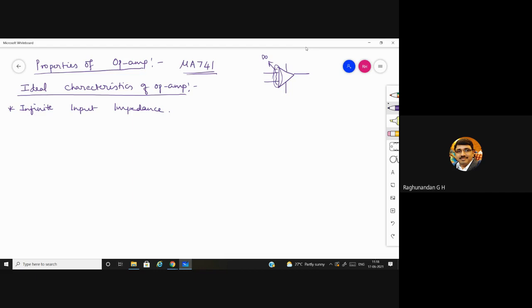Can anyone tell me why it is infinity? Just a common sense question, actually. If you remember the ideal op-amp internal structure, you can answer this, and if you know NPN transistors.